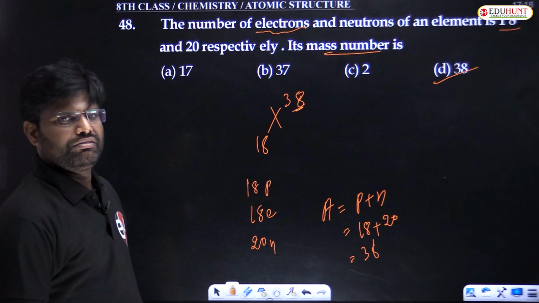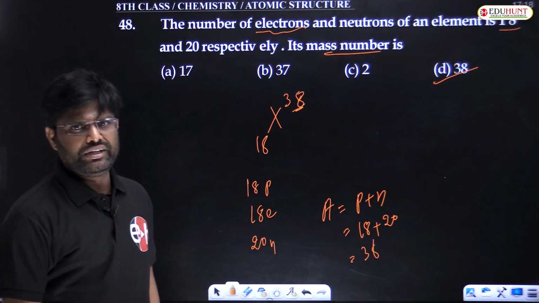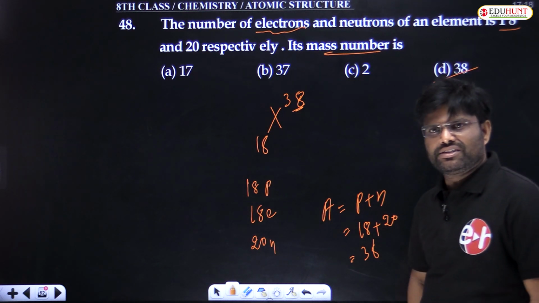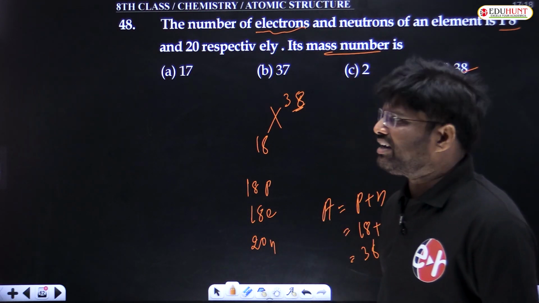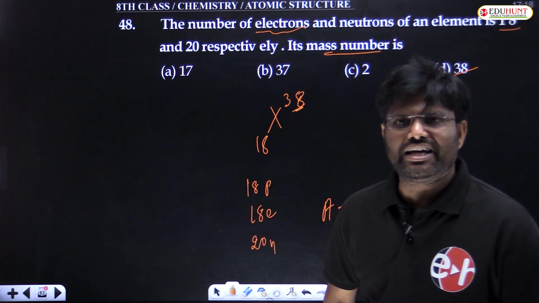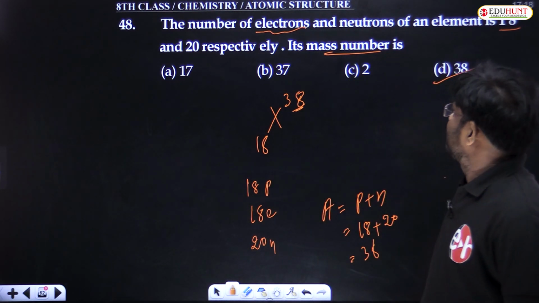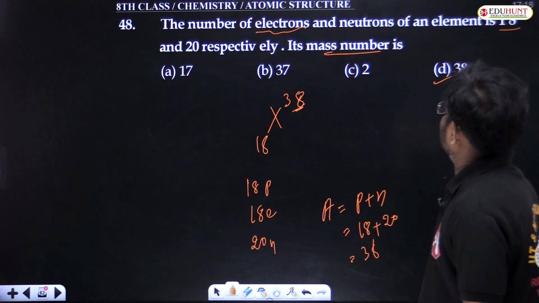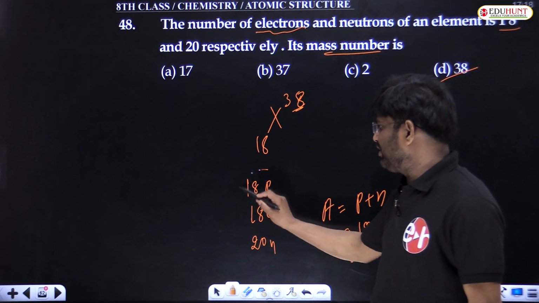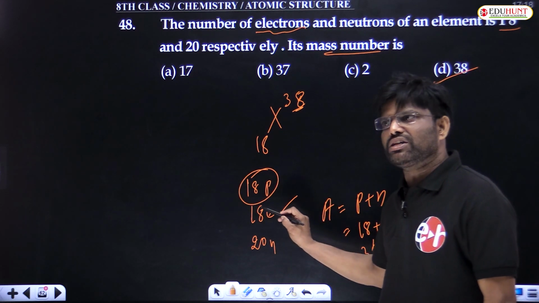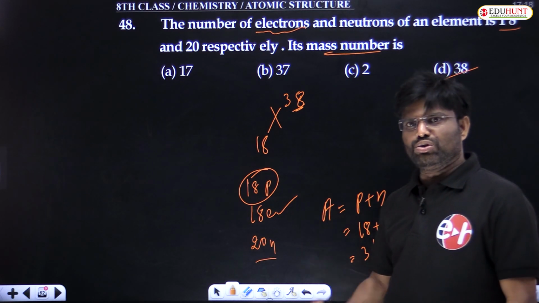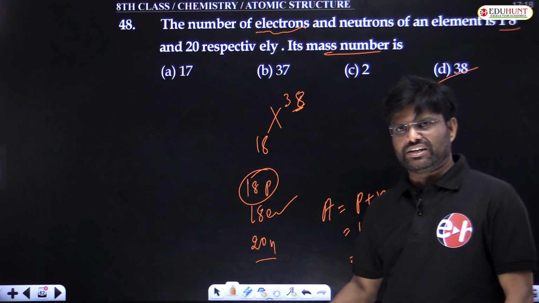See the question. What is it asking? Look once at what he is asking in the question. What did he give first in the question? Electrons and neutrons. He gave electrons as 18 and neutrons as 20. Then mass number, how much? We don't know. If they give electrons, protons are also the same only. Then neutrons are given as 20, so 2 more neutrons than protons and electrons.